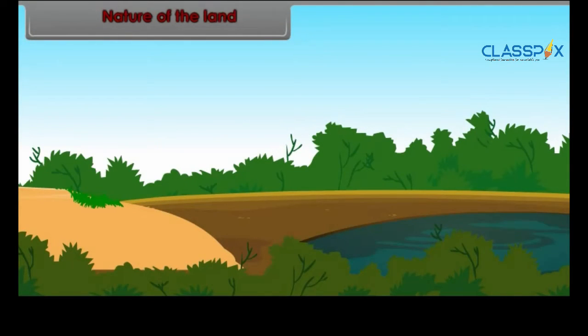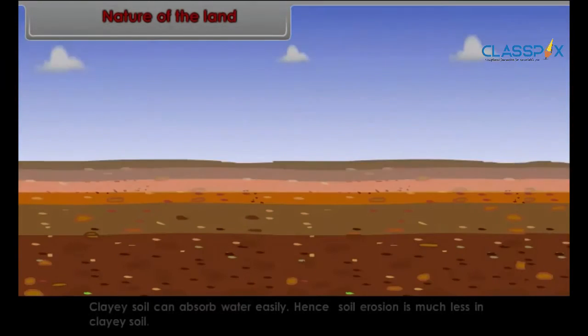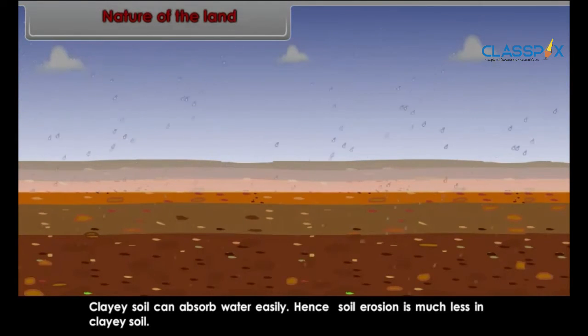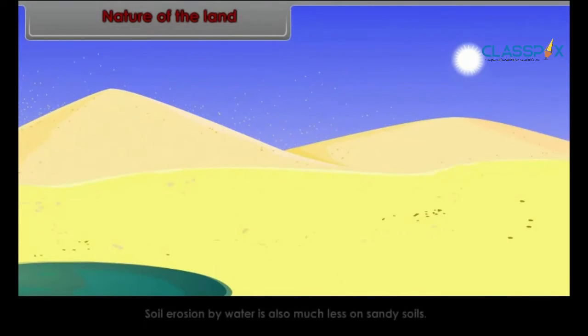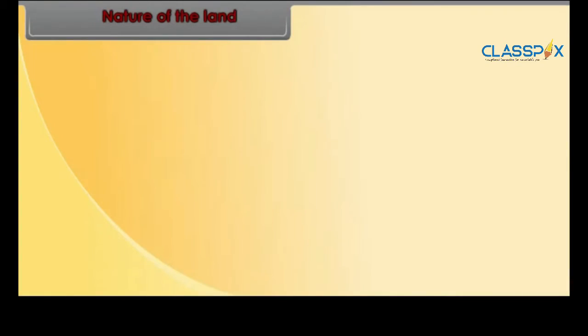Nature of the land. Nature of land is one of the important factors for soil erosion. Clay soil can absorb water easily. Hence, soil erosion is much less in clay soil. Soil erosion by water is also much less on sandy soils. Gully erosion.